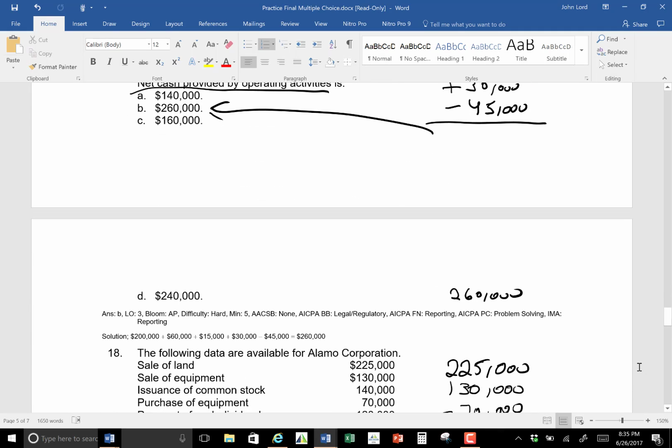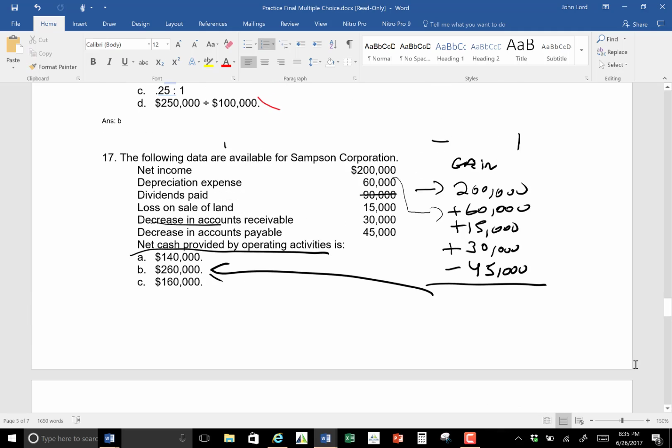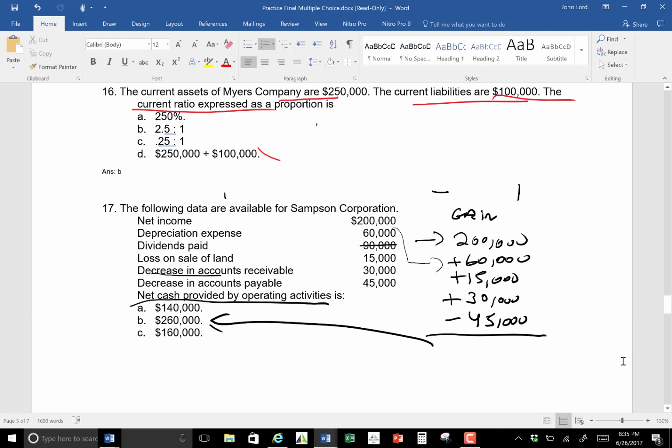Why do you add the loss on the sale of land? Because the land had an original cost of $100,000. The accumulated depreciation was $75,000.